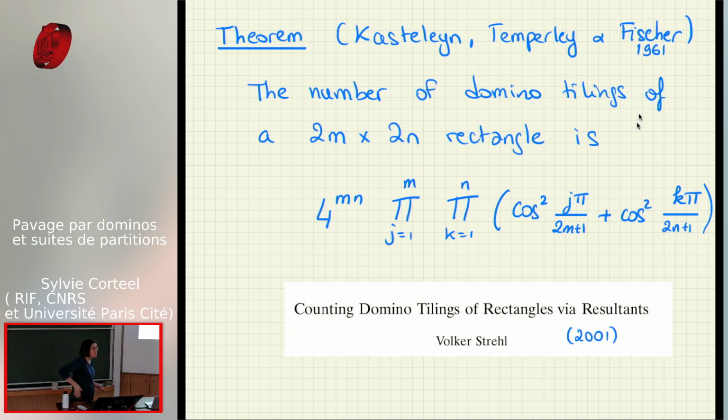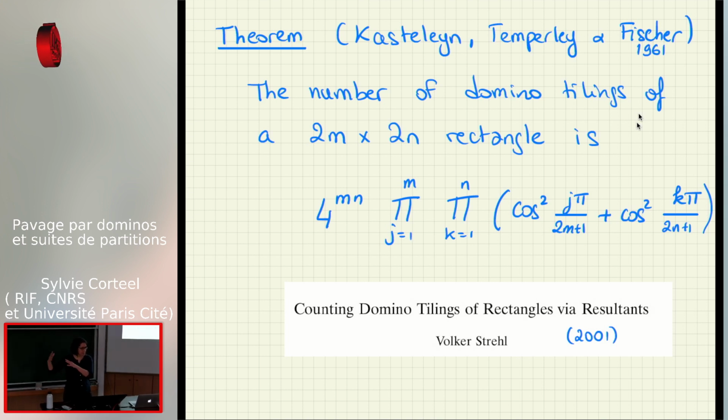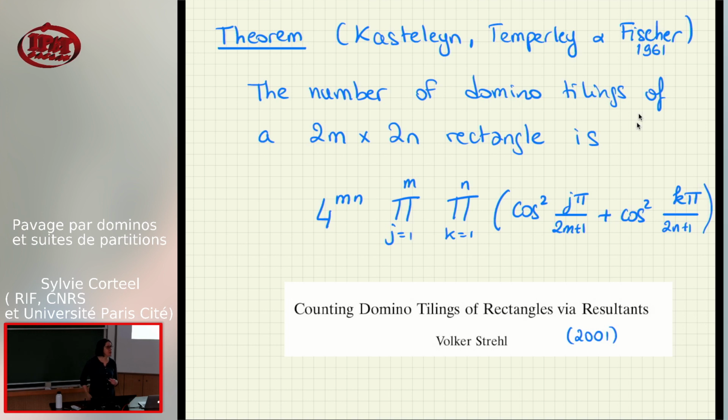Is it a purely bijective proof? No. It changes the proof to a few things that are bijective, and at the end he computes a resultant, but that's fairly easy to compute.